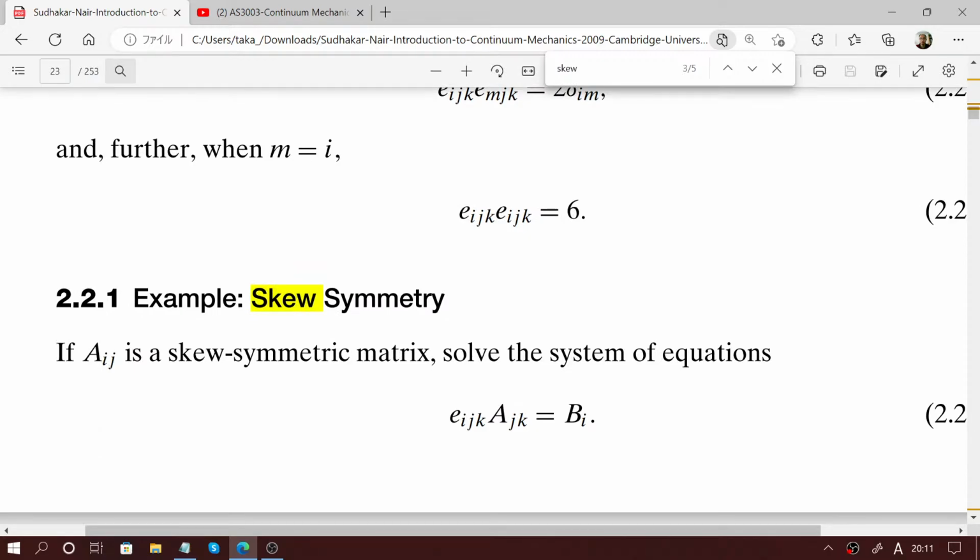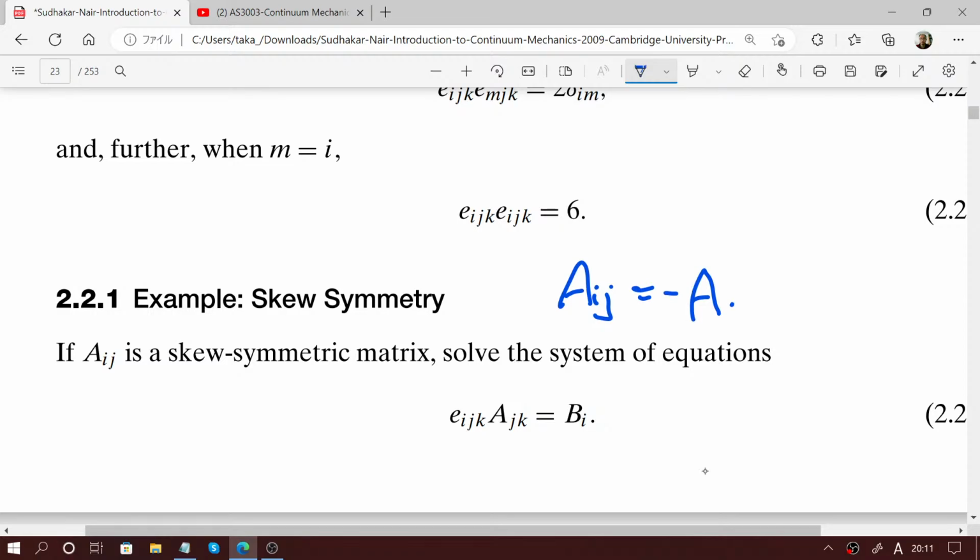So skew symmetric is something like this. Let me write it down. If Aij is skew symmetric, this should satisfy Aij equals minus Aji. This is anti-symmetric.